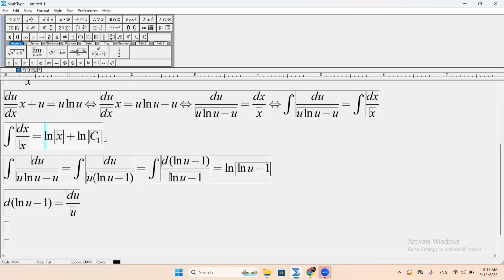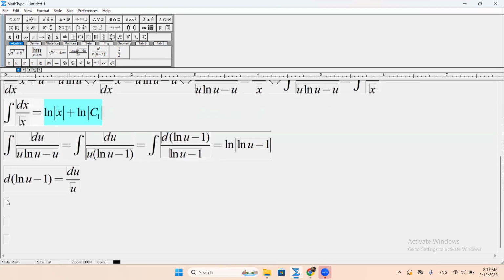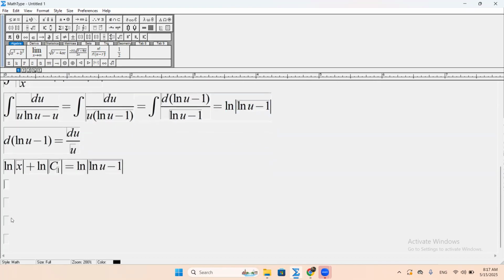So let's write down the equality. So this one. And now let's simplify it.